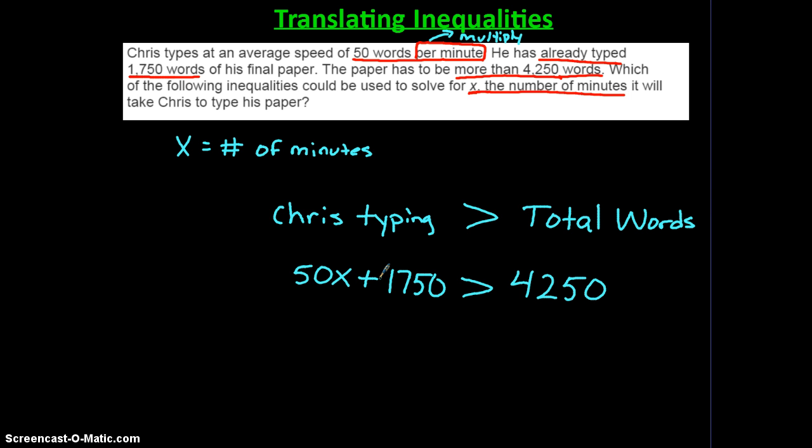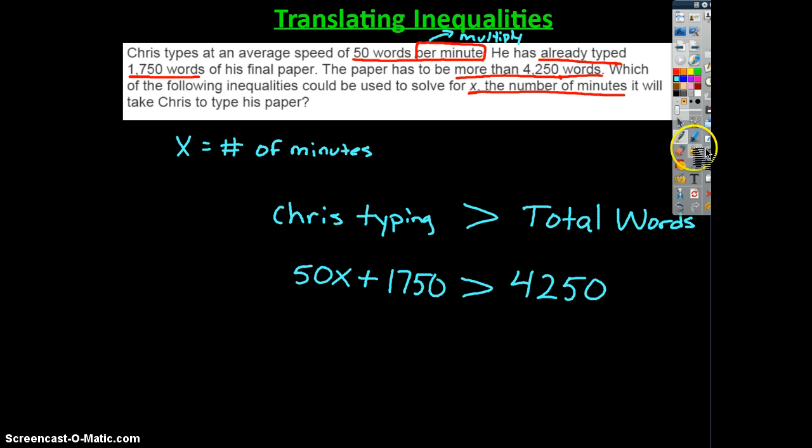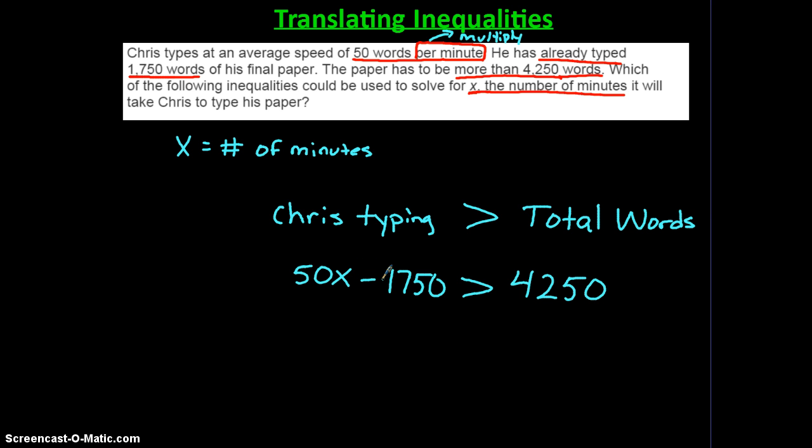Now, a lot of times my students get confused, and they say, well, hold on, shouldn't we subtract 1,750 from the 4,250? Well, actually, yes, that is true. And in solving this, a lot of times they want to say, well, that should be minus 1,750. But what would you do to solve this?